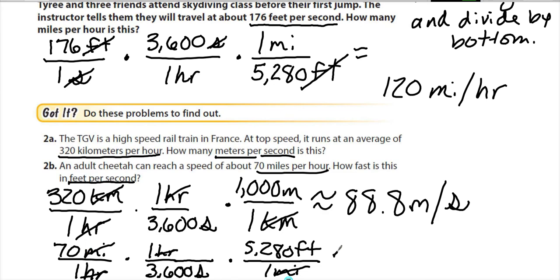So it's going to be approximately 102.7. In this case, it's supposed to be in feet per second, right? Yes, feet per second. Always go back to your original prompt and make sure you got the right measurements, okay? If you end up with miles per second, that means you forgot to either cancel something or you put it in the wrong spot, okay? So always go back to your original labels and make sure you're cross-canceling your labels there each time.